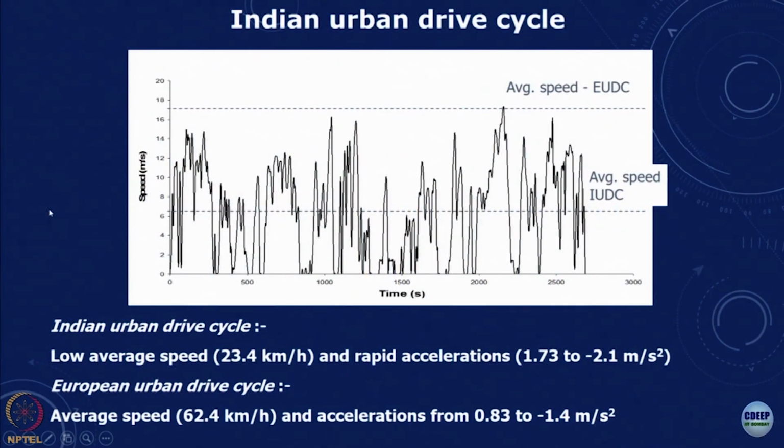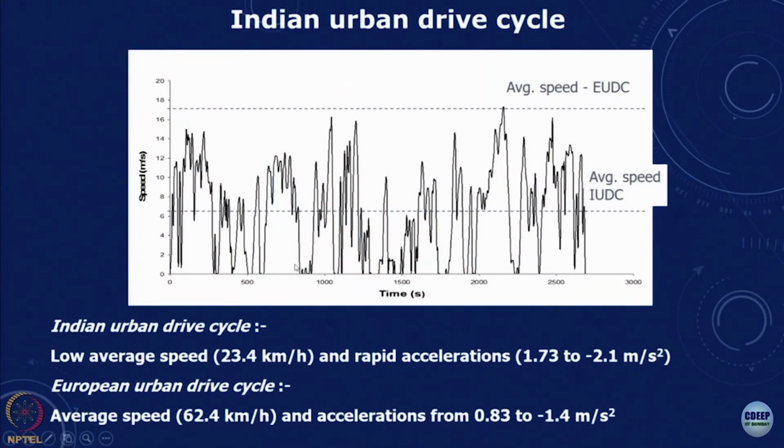That difference in weight matters, so what we do is look at different kinds of drive cycles. There's the Automobile Research Association of India, which does work on different kinds of automobiles. The drive cycle basically shows you the speed versus time trace typically, and there are different drive cycles for highways and for urban.